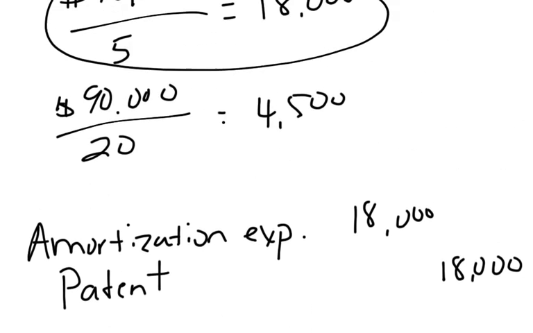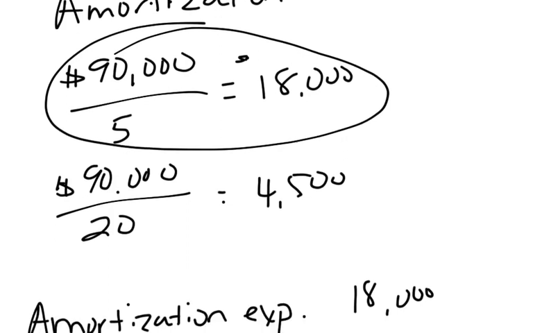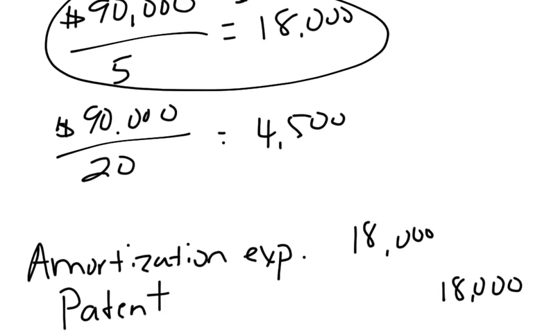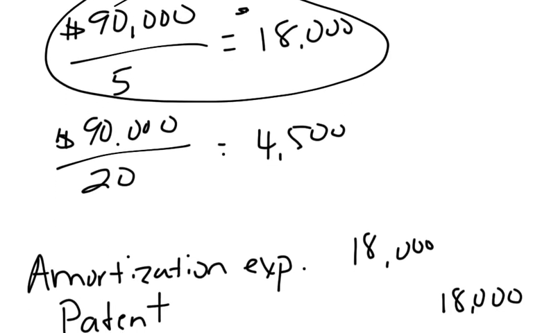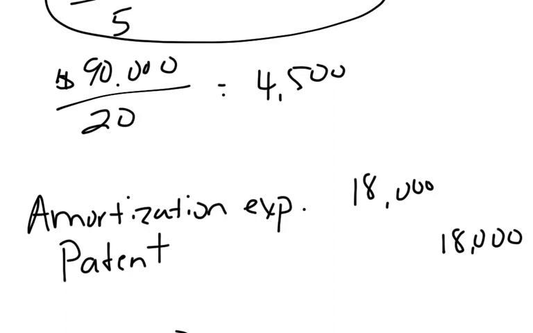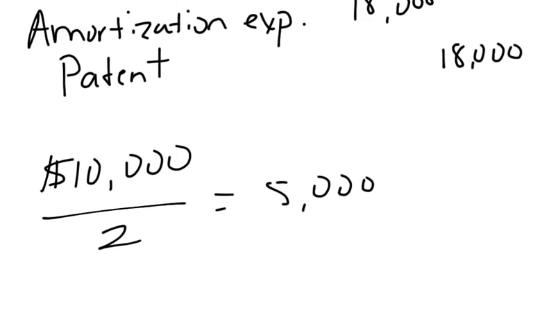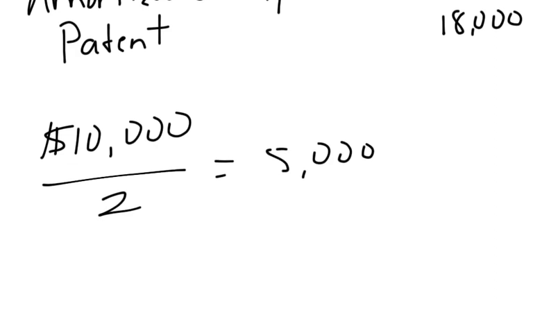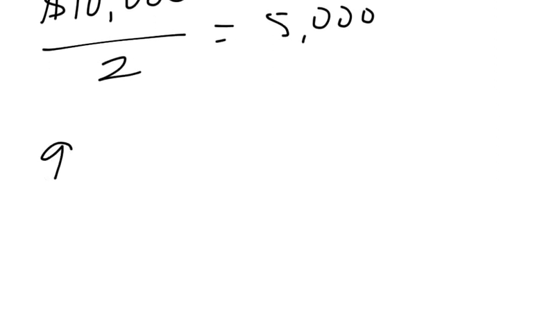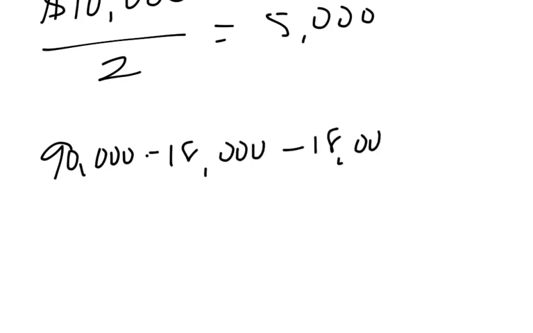calculation. If you did that, what we're going to do is we're going to take that patent amount. You'll have to figure out how much is left in there. Well, you originally had $90,000, but you've taken away 3 years worth of amortization so far. So you started with the $90,000, you subtracted $18,000 the first year, $18,000 the second year, $18,000 the third year.